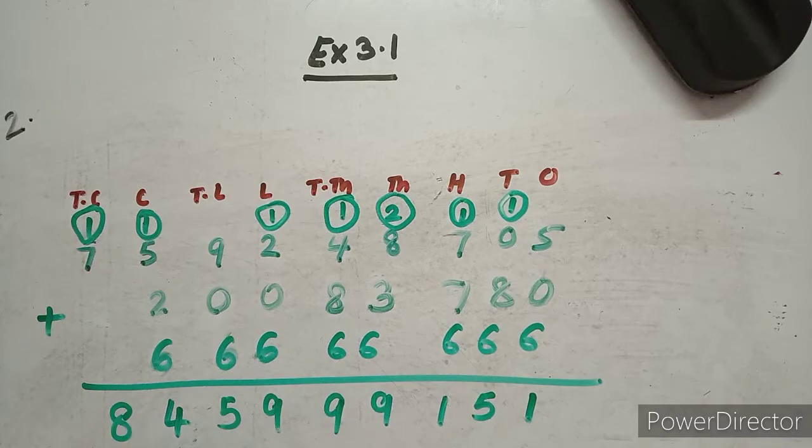So your number becomes 84 crore 59 lakhs 99,151. So this sum you have to write, this is in figure, and you need to write it in number name. Okay, in words, you have to write it in words. So please write it down.